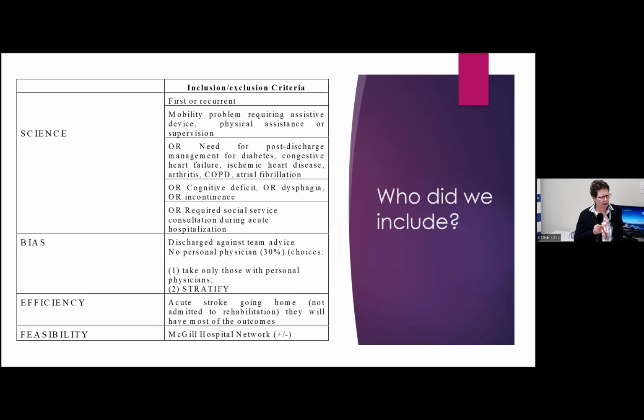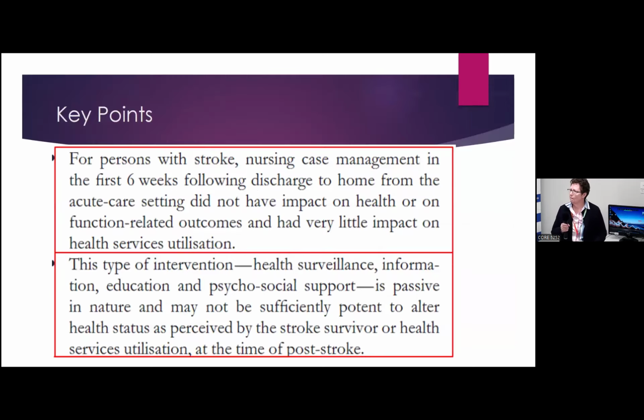The nurse is very good at helping with that. Or they had a cognitive deficit, or dysphagia, or incontinence, because the nurse is very helpful with that. Or they required social service, and we had lots of people like that. So this is real world. This is an intervention that has to work in the real world.